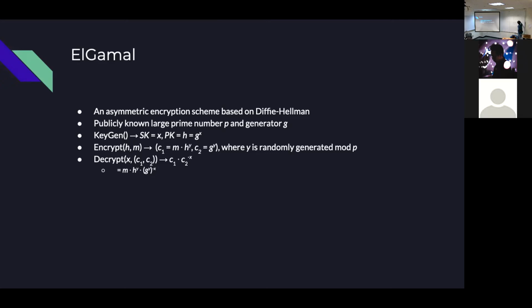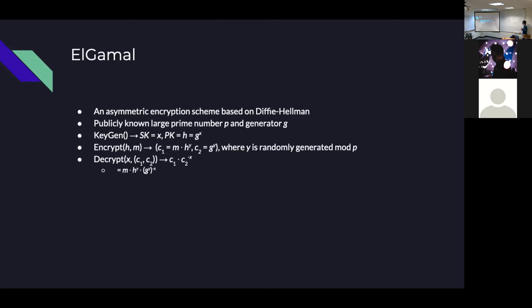If we solve this, we know that H to the Y is actually just G to the XY. We know that G to the Y to the -x is really just G to the -xy. If you multiply G to the something times G to the minus something, this just goes to G to the 0, which is 1. And that means that we recover our original value of M.